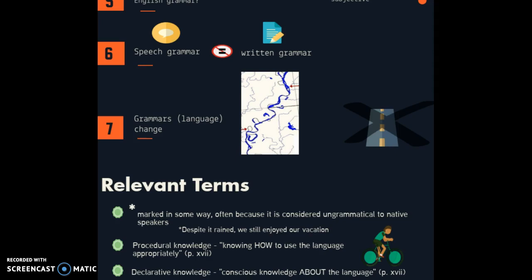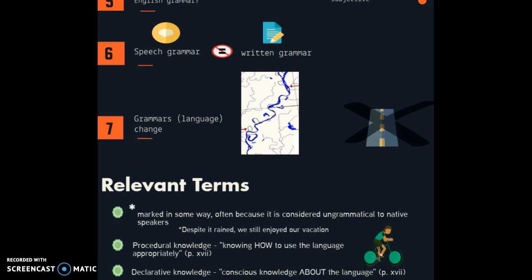And Principle 7 is the idea that a linguistic perspective requires us to recognize that grammars are dynamic, not static, and they change over time. And when we say grammars change, we mean language changes. What is grammatical and how we use the language changes over time.